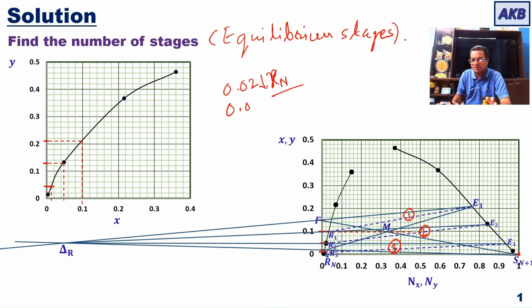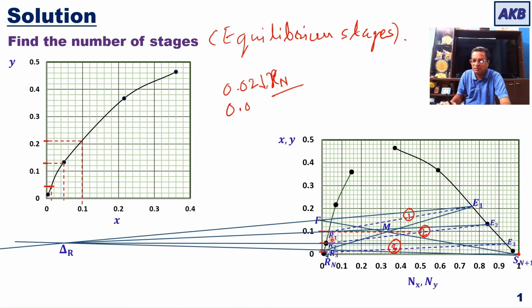So the first thing is we need to plot the ternary diagram. The scale to be used, you have to select it appropriately so that you will be able to locate delta R. And then for the y values that you read from the ternary diagram, you find the corresponding x values from the distribution diagram. And then by using those x values, you locate various R's: R1, R2, R3.